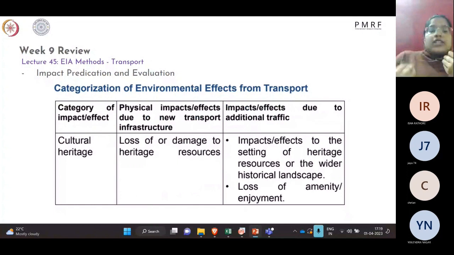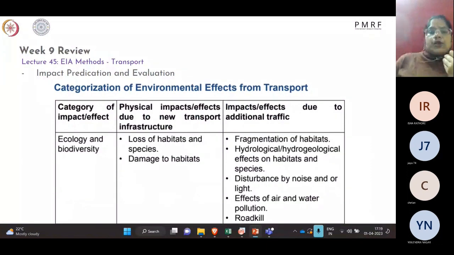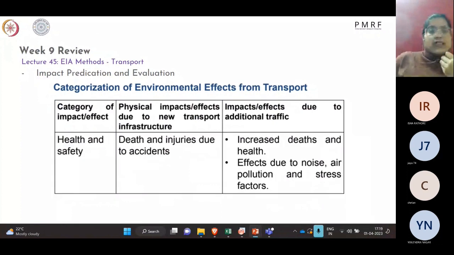Then also, if your project is causing any damage to cultural heritage, any heritage resource in the newly proposed development transport network, that also you need to assess. In terms of ecology and diversity, again, assessments need to be made. In terms of health and safety, whether deaths and injuries due to accidents will increase, or whether practices have been undertaken to have proper infrastructure which reduces the chances of accidents happening.